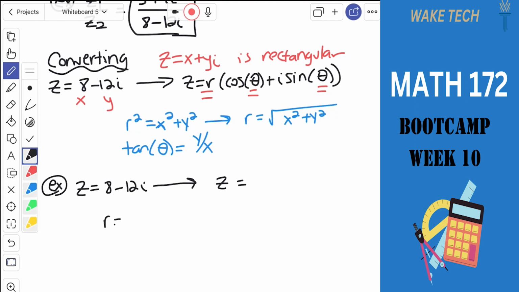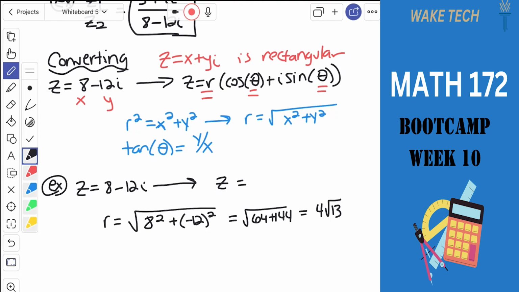To figure out r, it's literally the square root of x squared plus y squared. That's the square root of 64 plus 144. And that simplifies into 4 times the square root of 13. So our r value is 4 times the square root of 13.